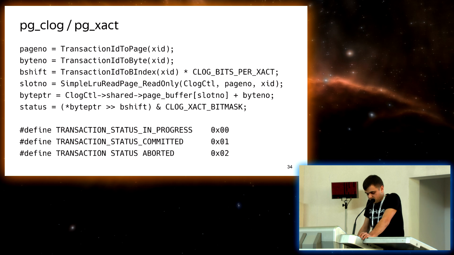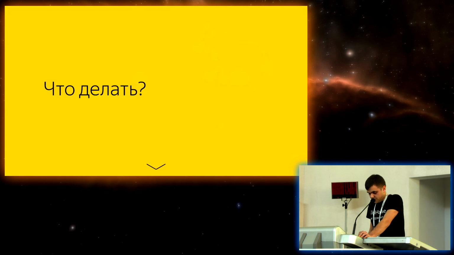You read the page into the buffer. You take the identifier. You do the shift, and you use the bit mask, which reduces everything to 0, with the exception of the two bits on the side. But those 2 bits are our transaction status. So it has 3 statuses: in progress, committed, aborted. So this is what happens there.